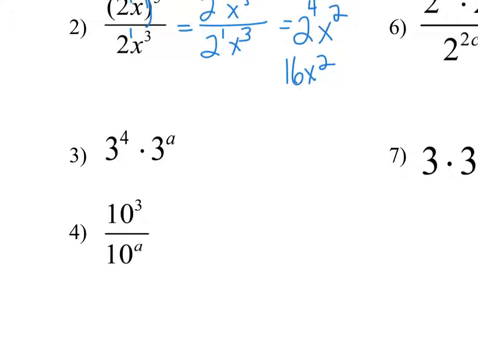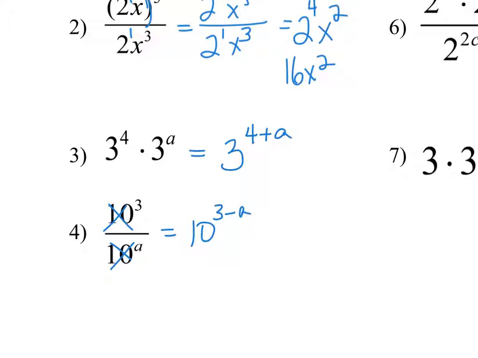So this is 3 to the 4th and 3 to the 8th. So when you multiply the bases, you simply add the exponents. Okay, 10 to the 3rd, again, the bases are the same, so you subtract the exponents. Don't get all confused because the tens aren't x's or whatever. They're still a base.